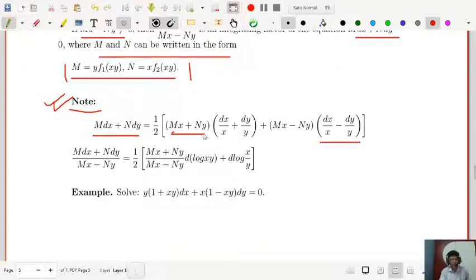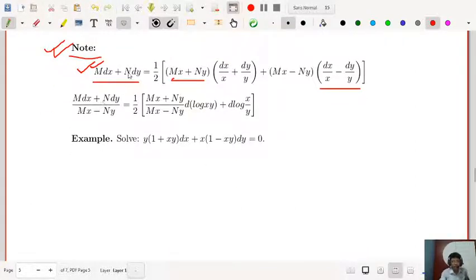Mx into dx by x, x cancels, M dx; Ny into dy by y, y cancels, N dy; and similarly here also. If you expand, some terms get cancelled, and you have twice of M dx plus N dy, and you have a half outside. So you can write this equation in this form.